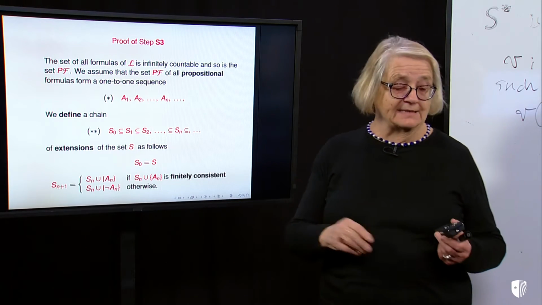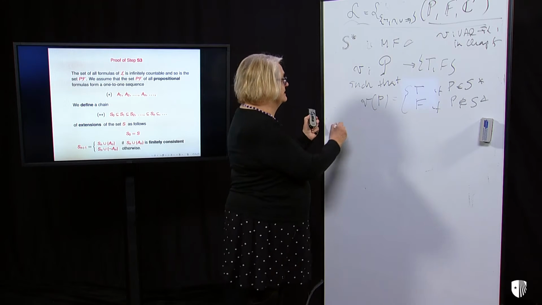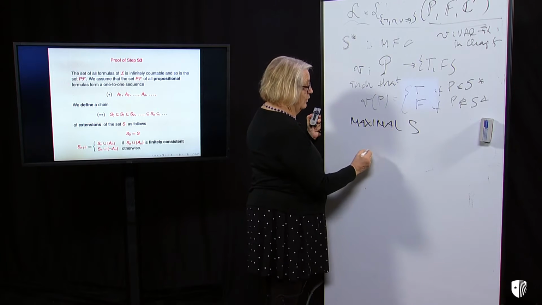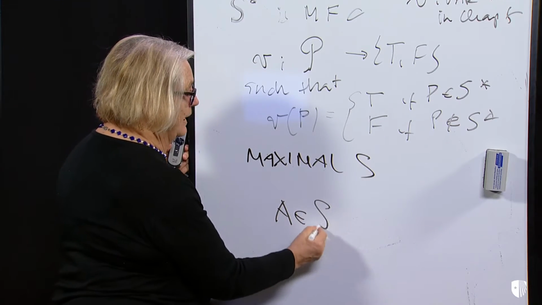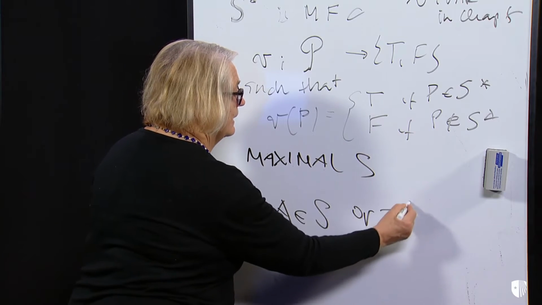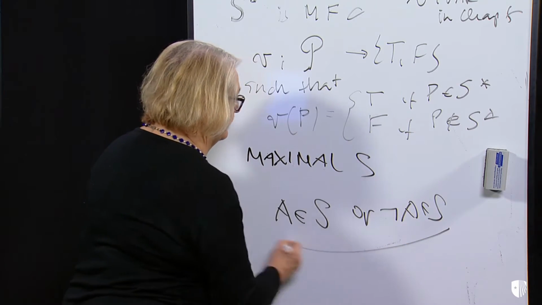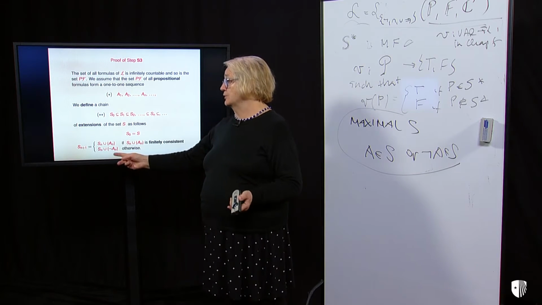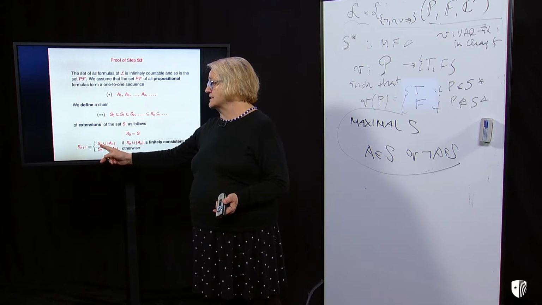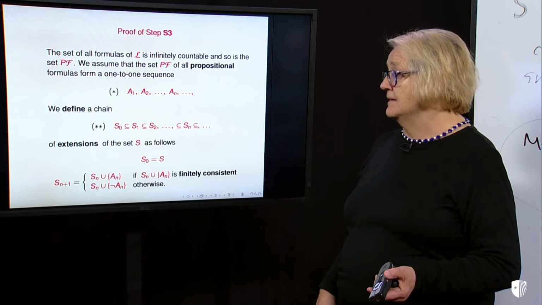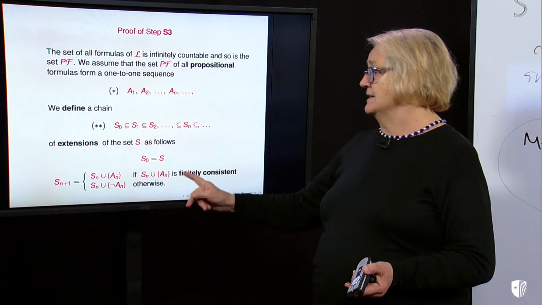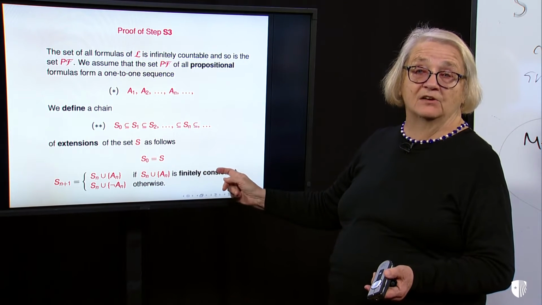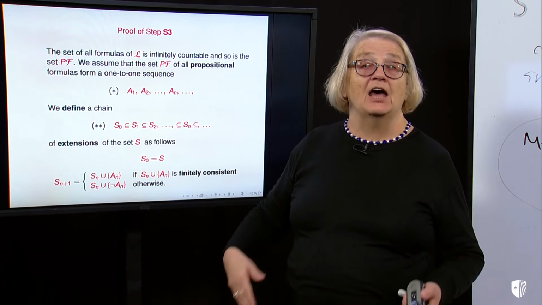And remember, the maximality of S was that A belongs to S or not A belongs to S. That was the property of S being maximal. So S(n+1) is Sn added with An if Sn with An is finitely consistent, or Sn added with the negation of An otherwise.